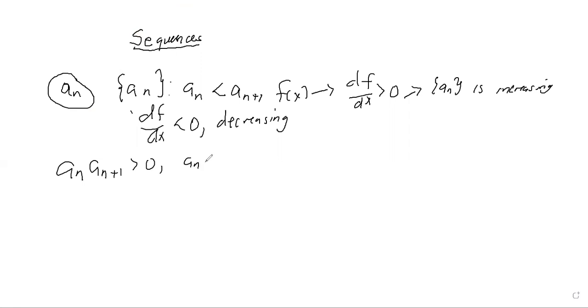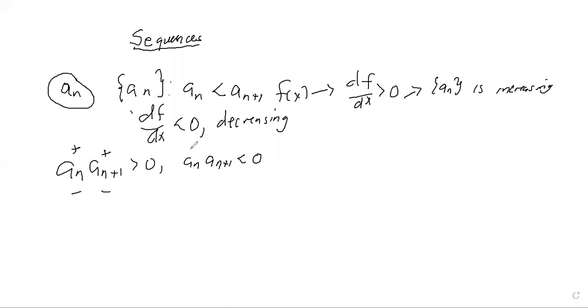But if when I multiply these two I get a number less than 0, then it means it's alternating, because this happens when the signs are different. If the signs are the same, for example plus and plus, or minus and minus, then I say it's not alternating.